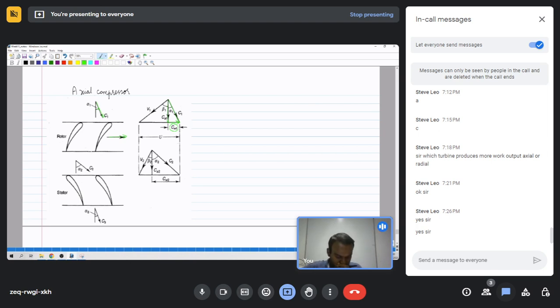And these rotors, I hope you will be able to realize that this axial compressor is like this, and then there are blades, and each blade is represented here, and it is looked at from this angle.